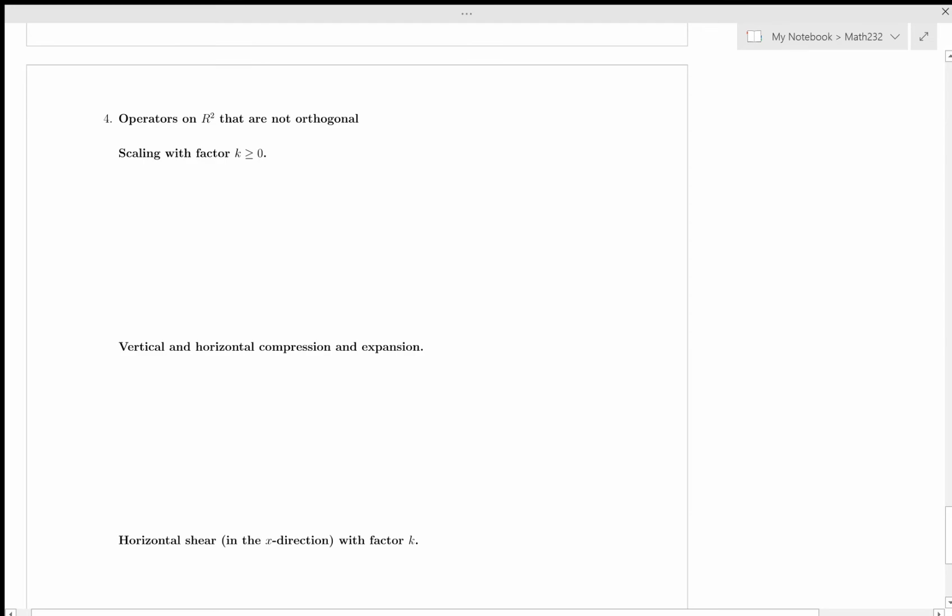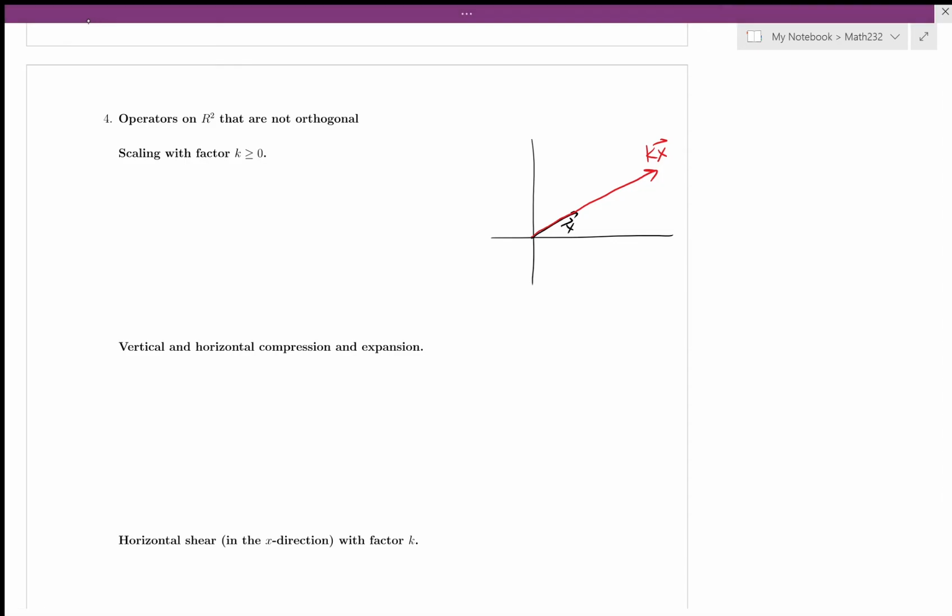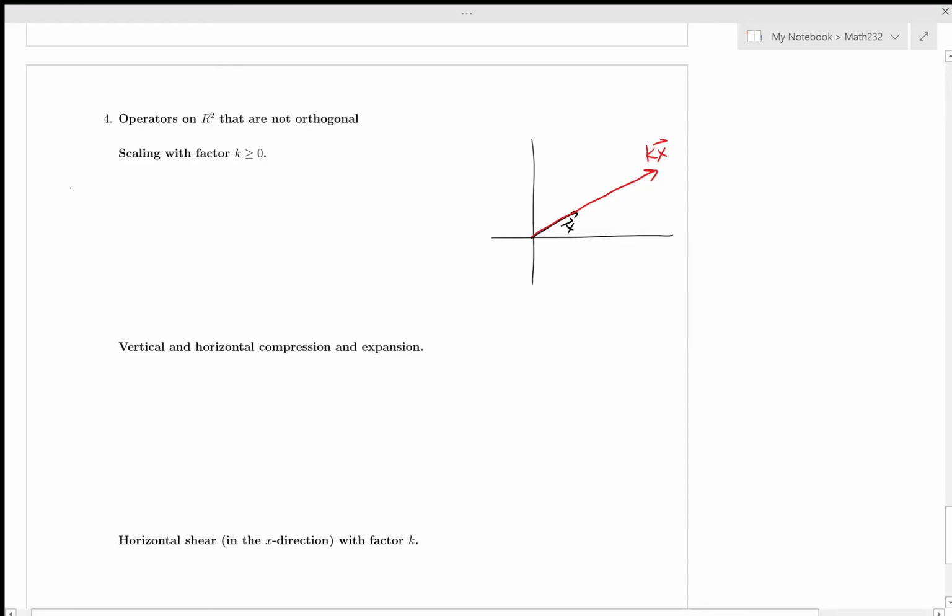Scaling with factor k. So what does scaling mean? Scaling means you simply have a vector like that, x, and then you multiply it by some scalar and it gets longer. And then this guy would be, say, for example, k times x. So it looks like k is about 3 there. So let's just do that example. We imagine we have a matrix that looks like this. A is equal to 3, 0, 0, 3. That scales a vector by 3 and doesn't change the direction.